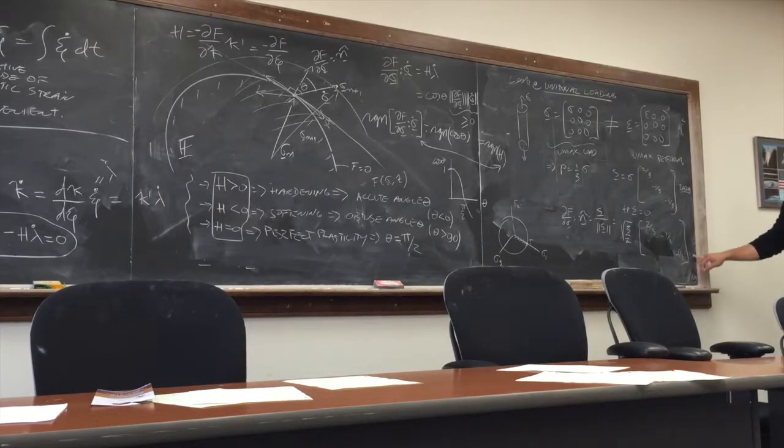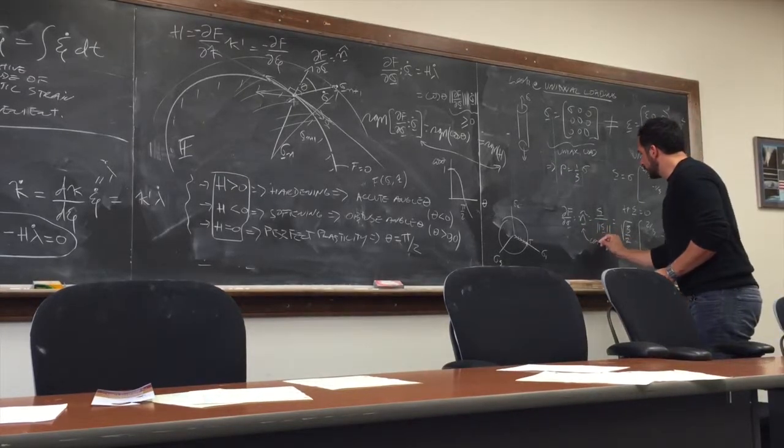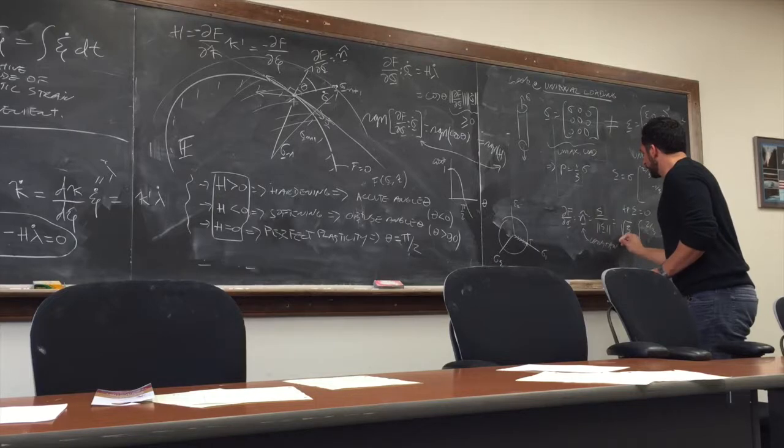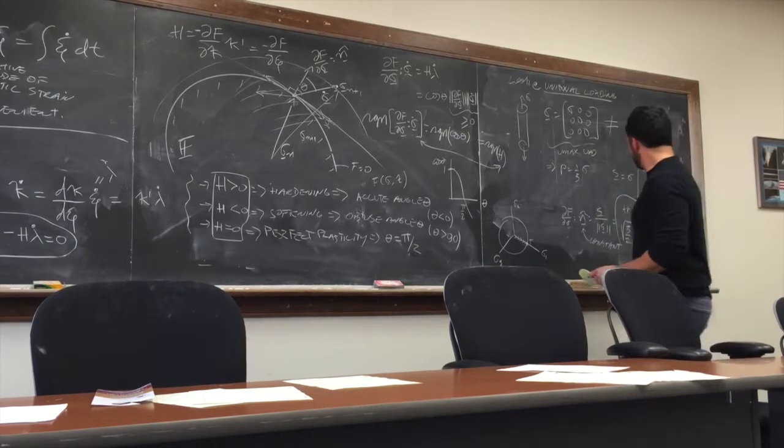Remember that was another statement I made, that radial loadings had constant n hats. You can see here that n hat is a constant, just a bunch of numbers, which is consistent with the radial loading definition.